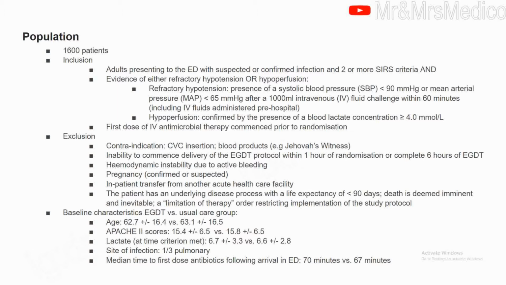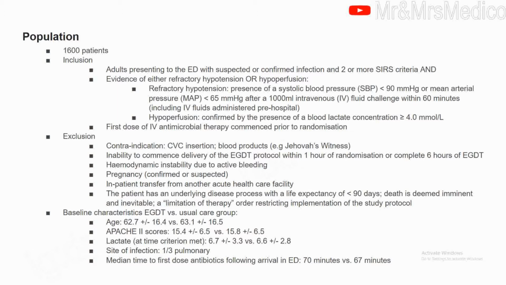Inclusion criteria: adults presenting to the emergency department with suspected or confirmed infection, 2 or more SIRS criteria, and evidence of either refractory hypotension or hypoperfusion.